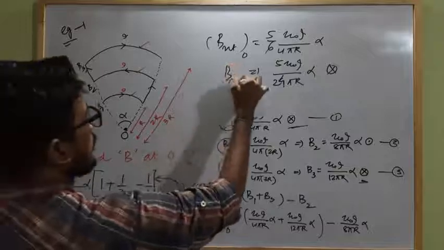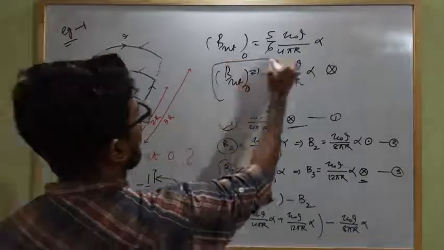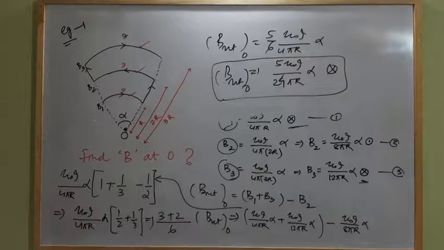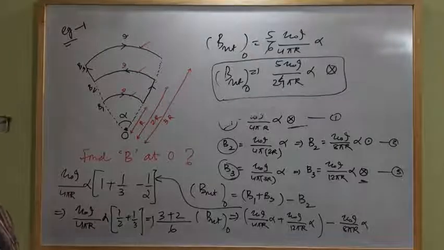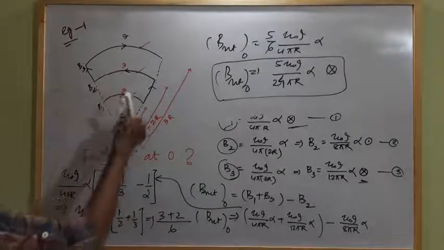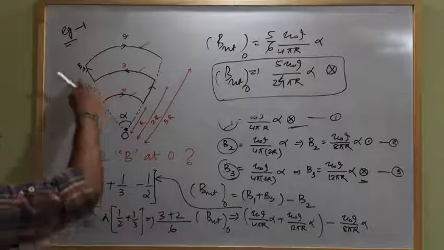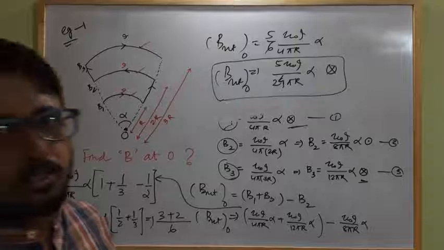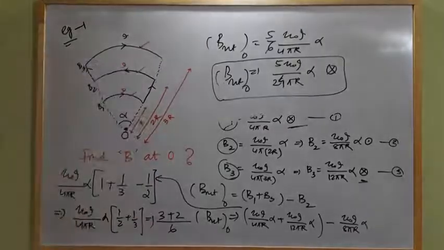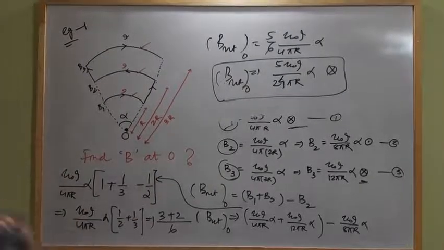This is the value of B net at point O due to this current carrying segment. Clear? And these two have zero effect, because this point of observation lies along the length of these two straight current carrying conductors. Clear? So now let's discuss another question.